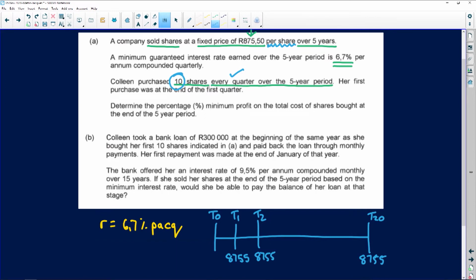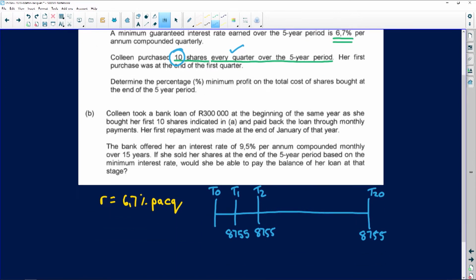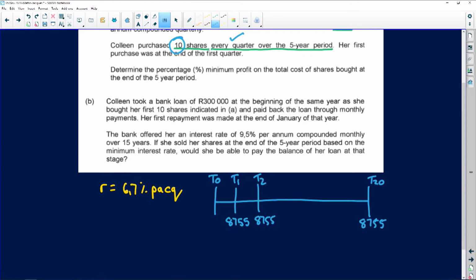Determine the percentage minimum profit on the total cost of shares bought at the end of 5 years. Let's talk about it now. First of all, we need to know how much this investment of hers grew.